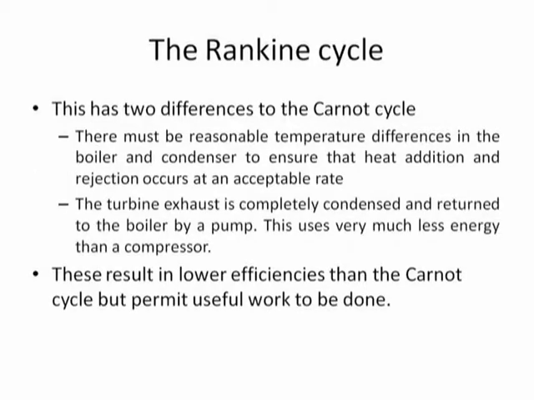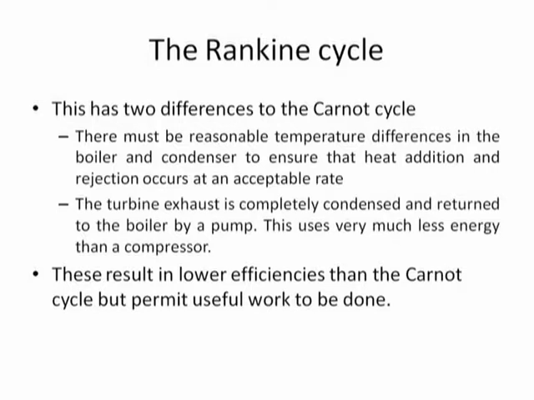So, Rankine cycle has two differences to the Carnot cycle. There must be a reasonable temperature difference in the boiler and condenser to ensure that heat addition and rejection occurs at an acceptable rate. And second, the turbine exhaust is completely condensed and returned to the boiler by pump.